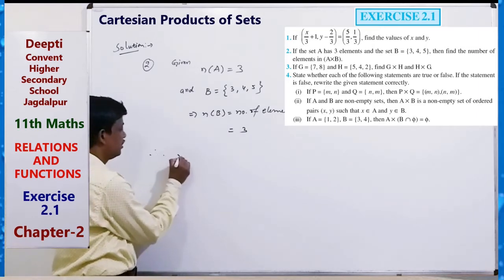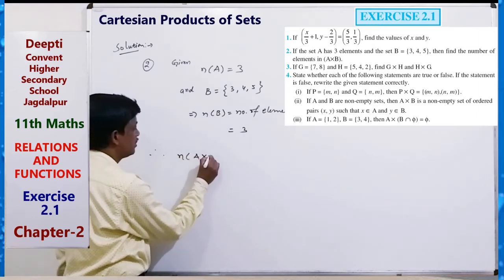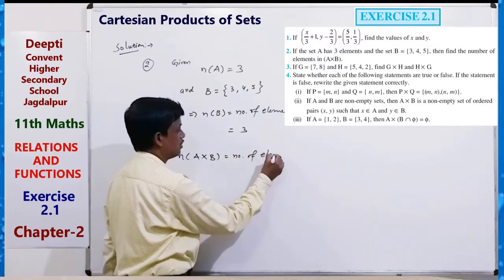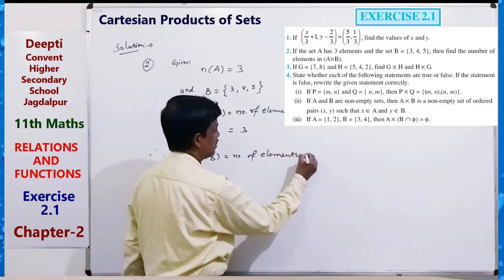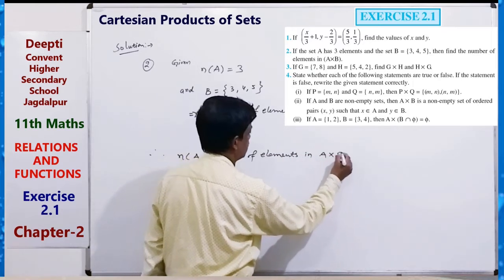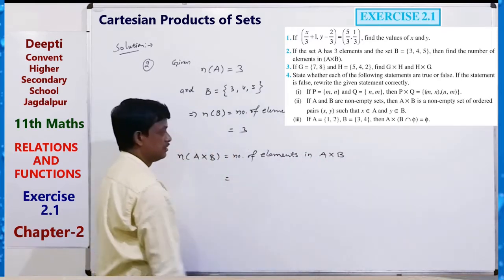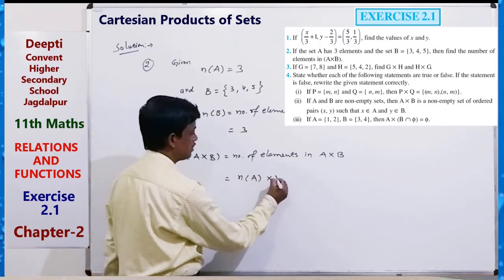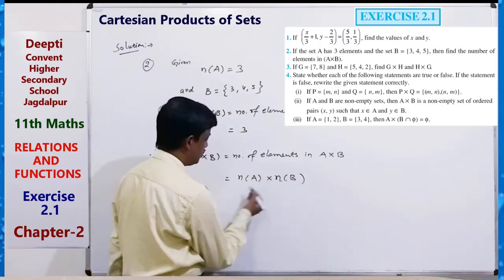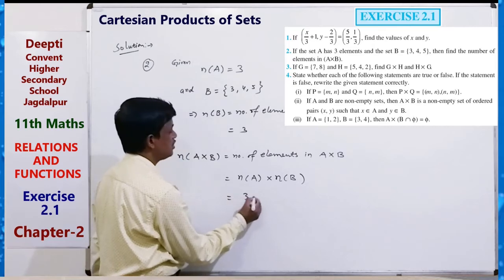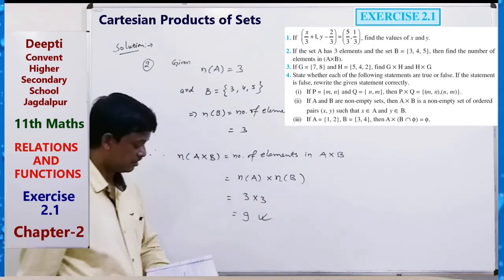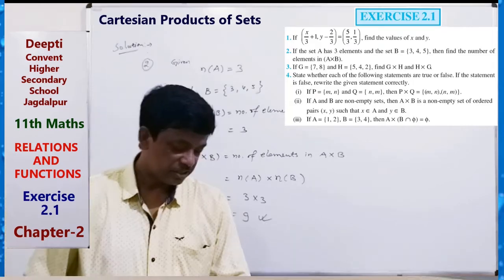Therefore the number of elements in A cross B equals 3 into 3, which equals 9. So 9 is the answer. Clear?